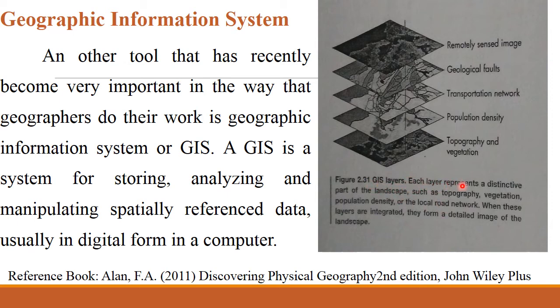Each GIS layer represents a distinctive part of the landscape, such as topography, vegetation, population density, or the local road network. When these layers are integrated, they form a detailed image of the landscape.